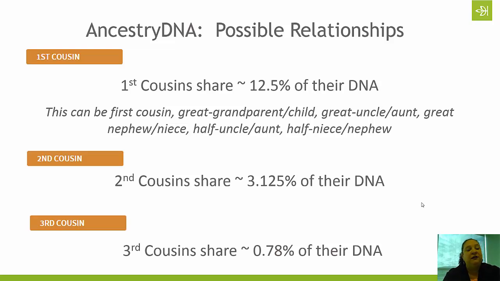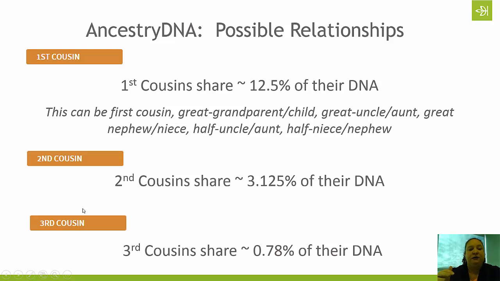So when you start talking about shared DNA, those half relationships are going to make a difference in how the DNA gets passed on and inherited. So if somebody is in your first cousin bucket, you're either going to share a common set of grandparents, 2 grandparents. You could have 1 great-grandparent in common. You could have half-sibling relationships at any one of those steps that also might cause that. Then we just go down from there.